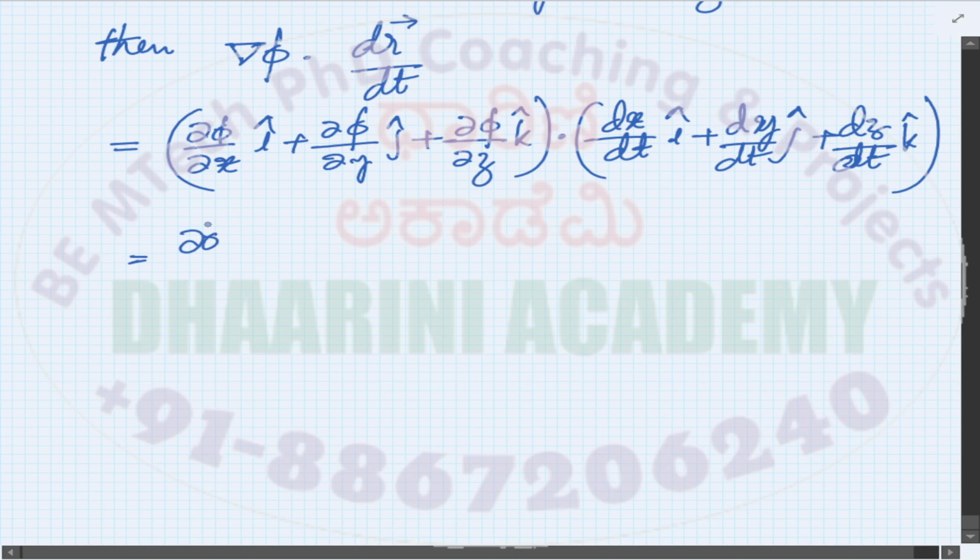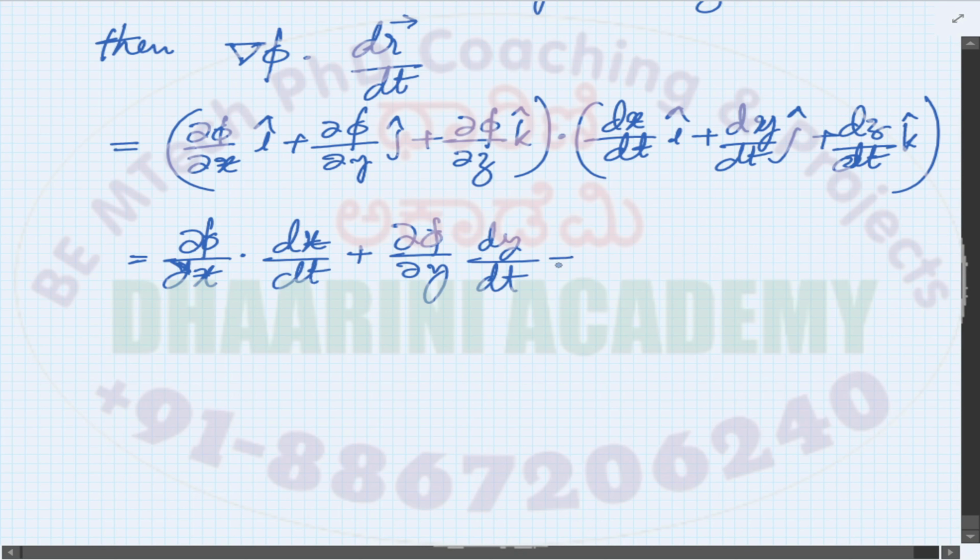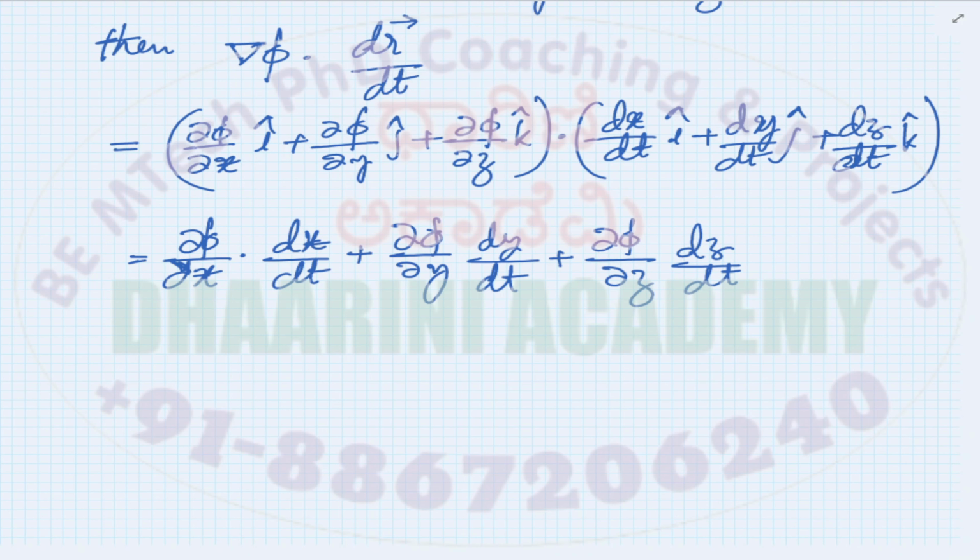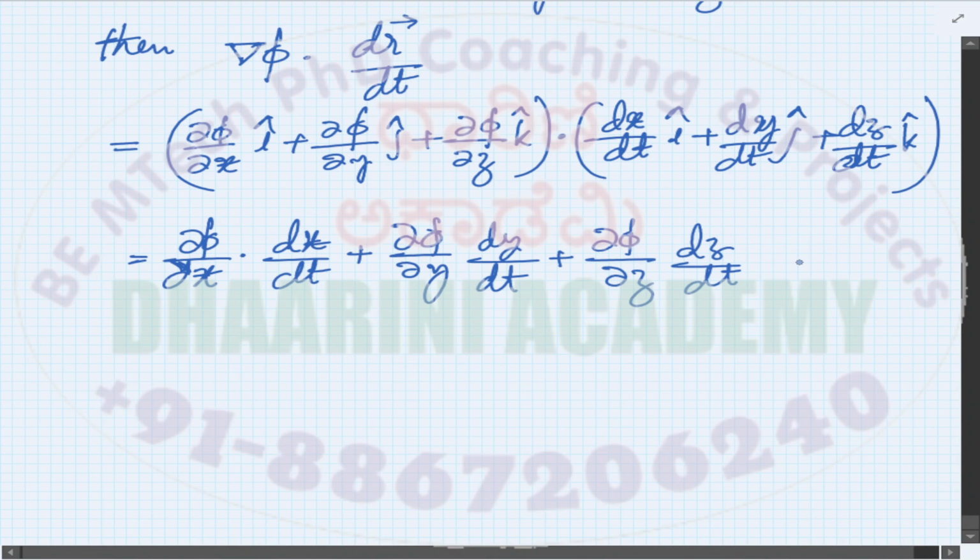So this becomes dou phi by dou x into dx by dt, plus dou phi by dou y into dy by dt, plus dou phi by dou z into dz by dt. Let's hold on to this; this is equation number 3.